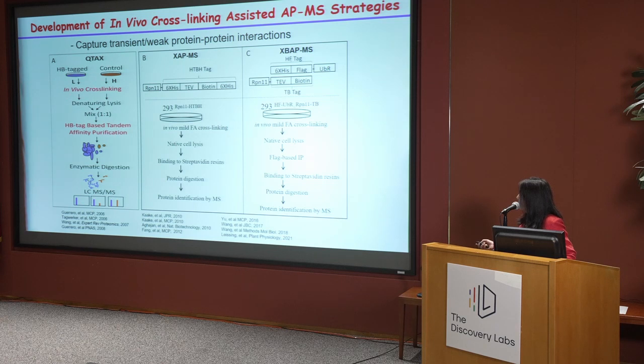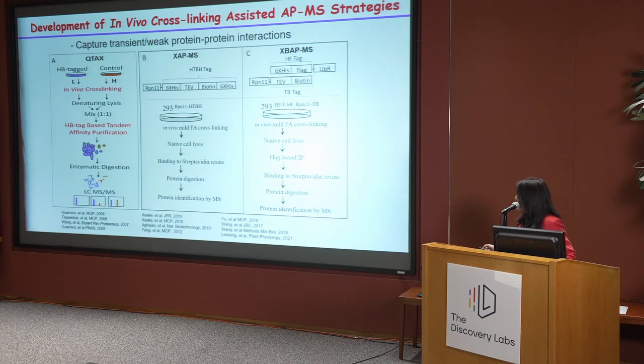in vivo cross-linking. Here we developed a method called QTAX, indicating quantitative analysis of tandem affinity purified in vivo cross-linked protein complexes. Here we expressed a protein with an HB tag and compared it with the control. After in-cell cross-linking, we did a denatured cell lysis and mixed the samples together.